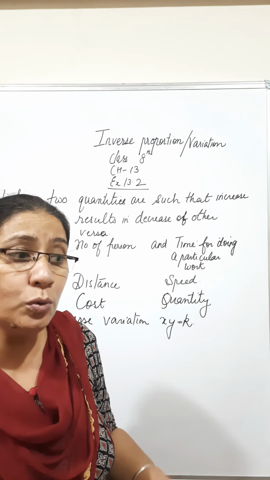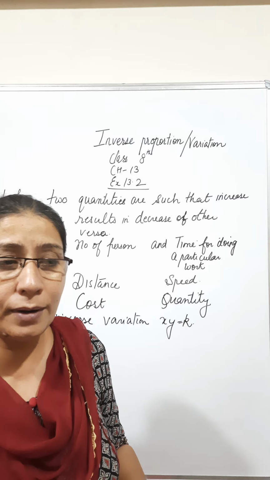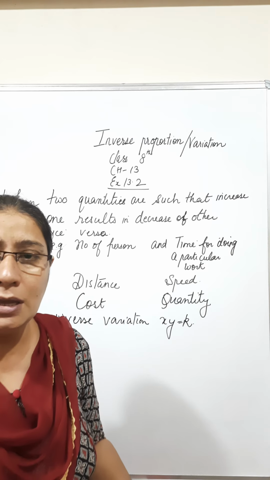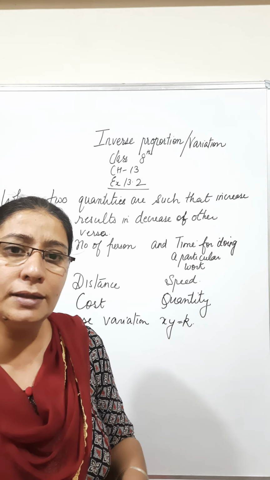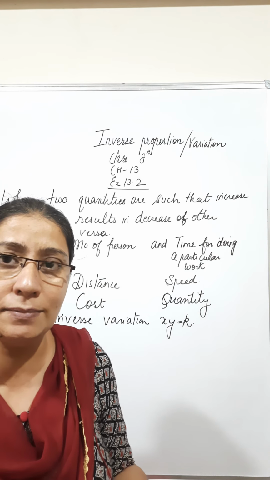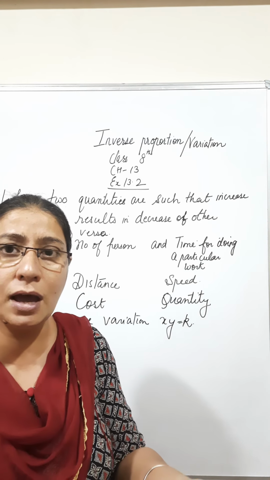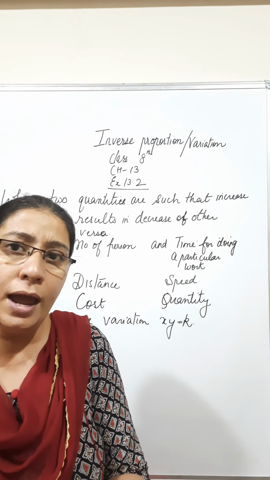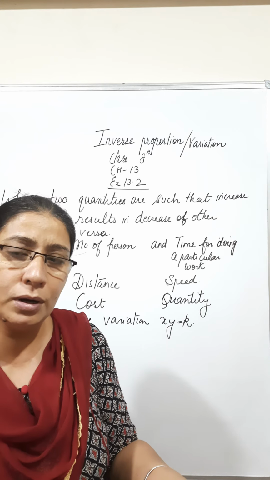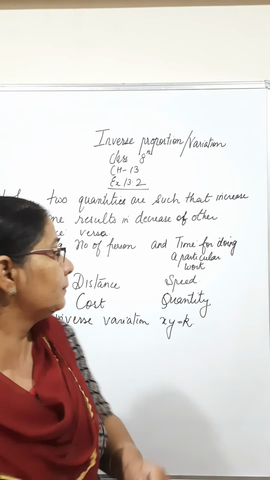Now, if you are short of time and you say, okay, I'll pay for two persons, and you ask two persons to come together to do the same work, then definitely they will take less time. So, if the number of persons is less, the time taken to do a particular work will be more, and if the number of workers is more, the time taken will be less.